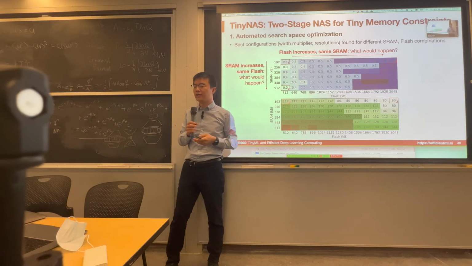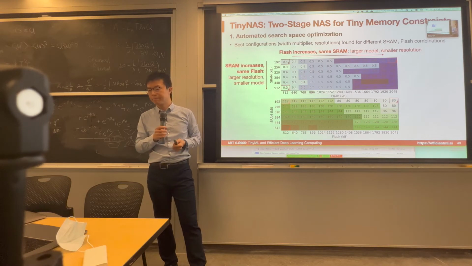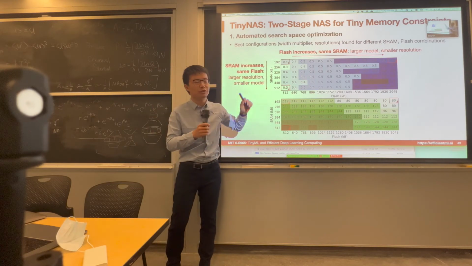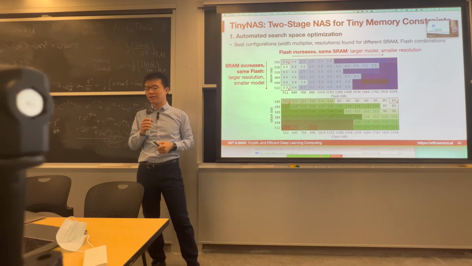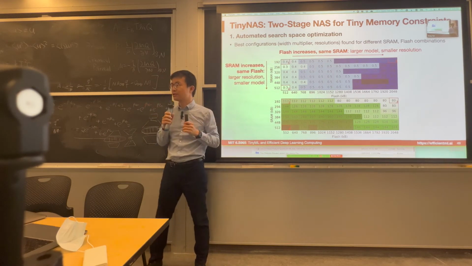So this gives you an idea when you're designing neural network architectures to fit different memory constraints. Here's the answer if you want to go back and redigest it. Everyone on the same page?